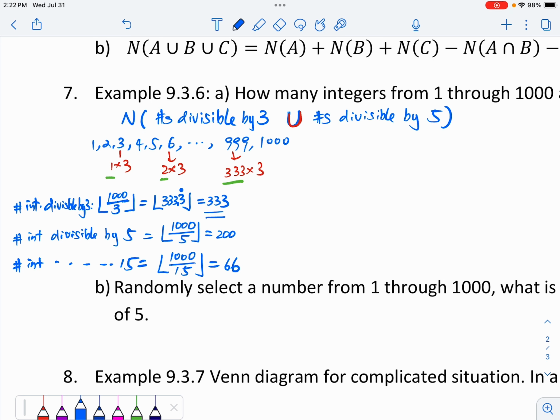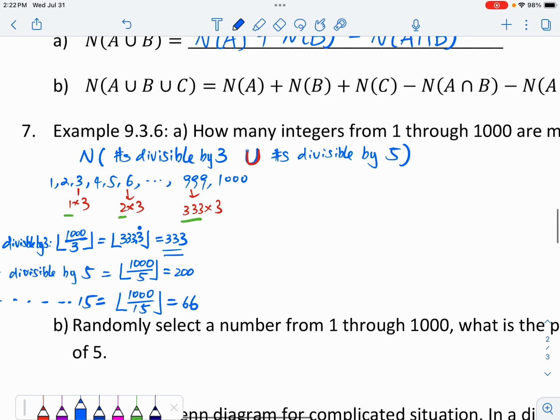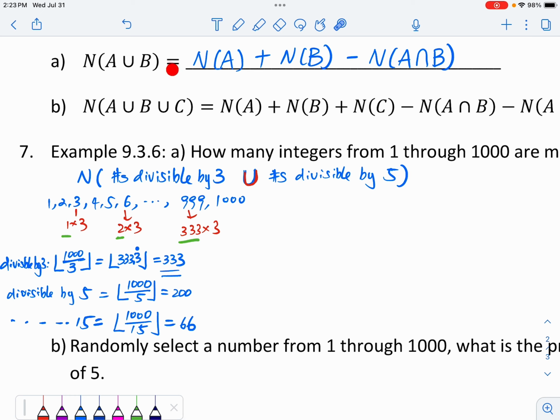Now, time for us to apply this inclusion-exclusion rule, which is also called the general addition rule for two sets.